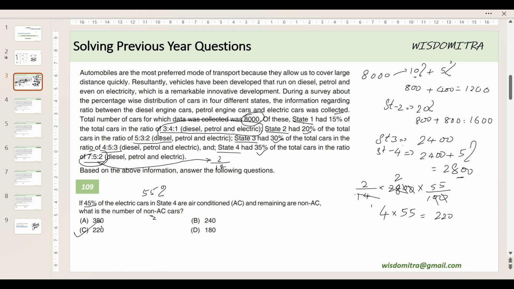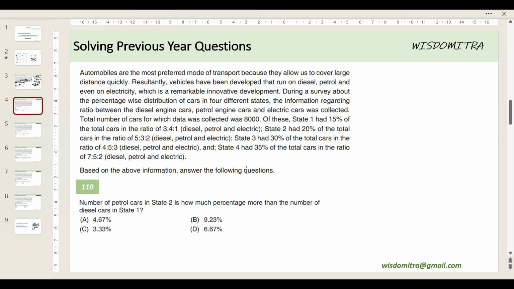This is your answer. So what you need to do is basically be quick in multiplying things and then quick in breaking the numbers in terms of fractions. Anyway, so now we have to remember these numbers: 1200, 1600, 2400, and 2800. Let us go further.